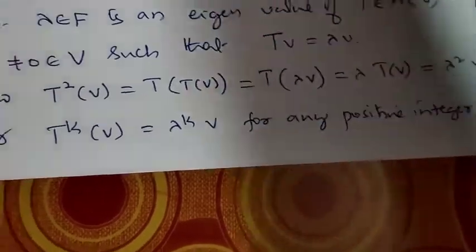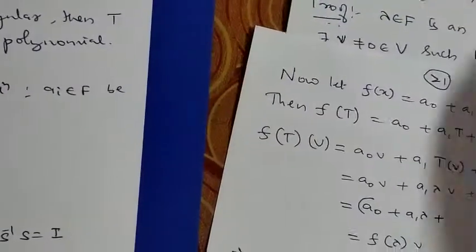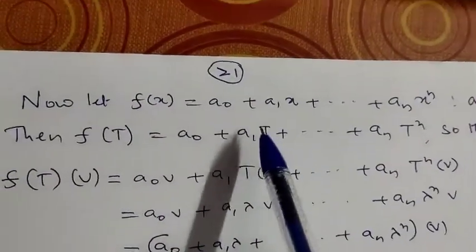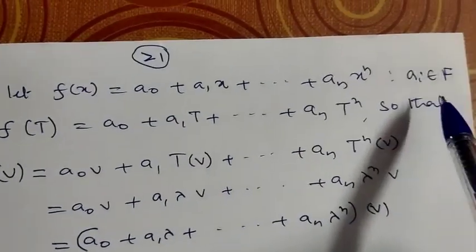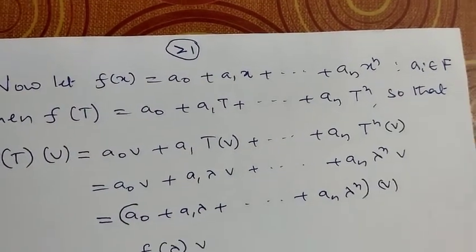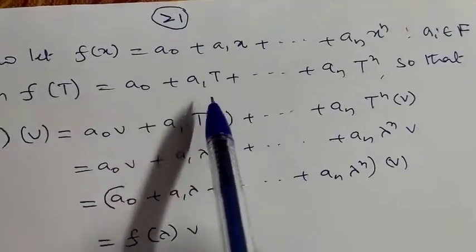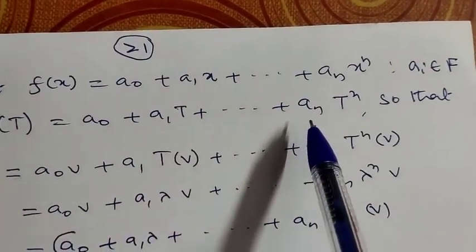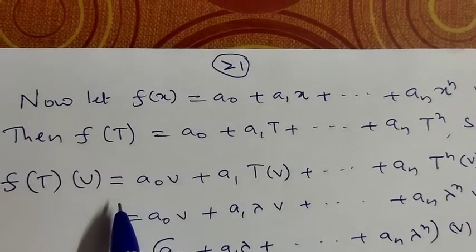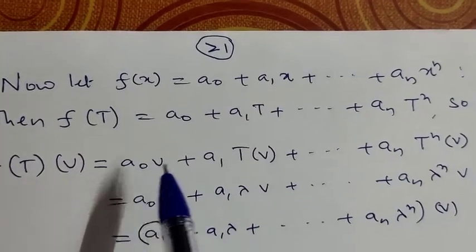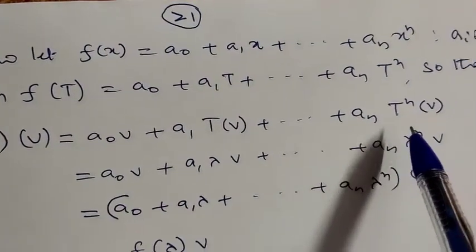Now take f(x) to be the polynomial f(x) = a0 + a1x and so on up to an x^n, where the a's are scalars belonging to the field F. Now f(T) is a0 + a1T + a2T square and so on up to an T^n. So f(T) of v is, if you apply the vector v here, a0 v + a1 T(v) and so on up to an T^n(v).